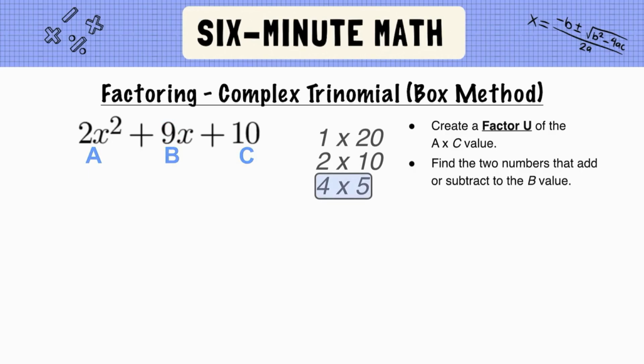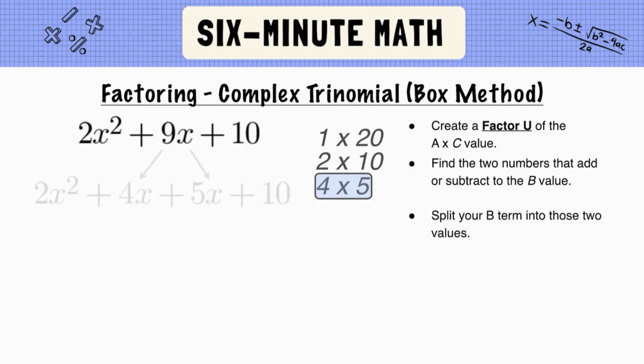That, of course, is going to be 4 and 5. So I'm going to take my b value and split it into two terms. We're going to split 9x here into 4x and 5x, and our a and c values remain the same.